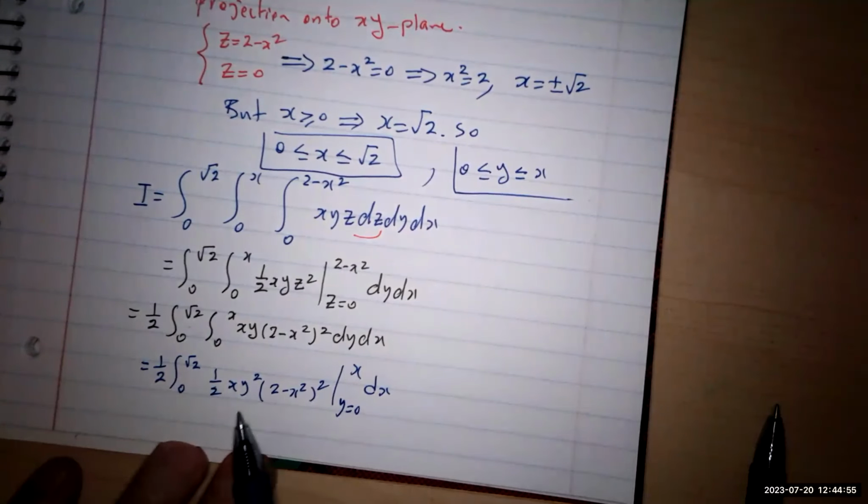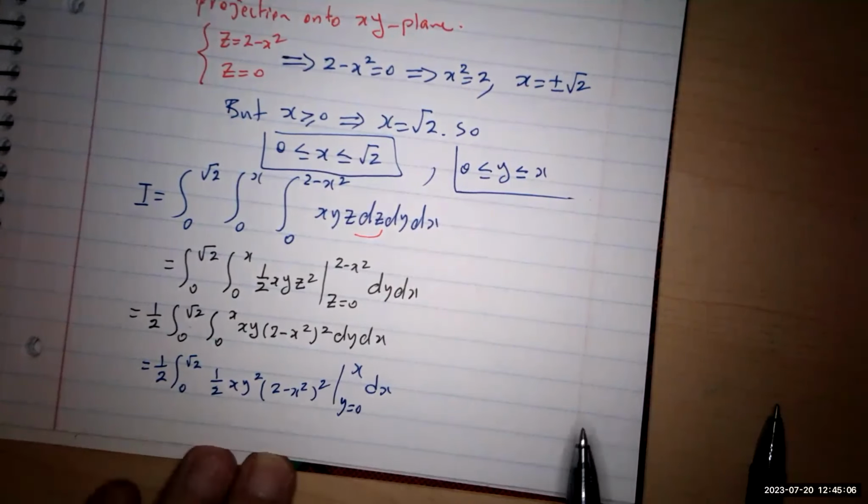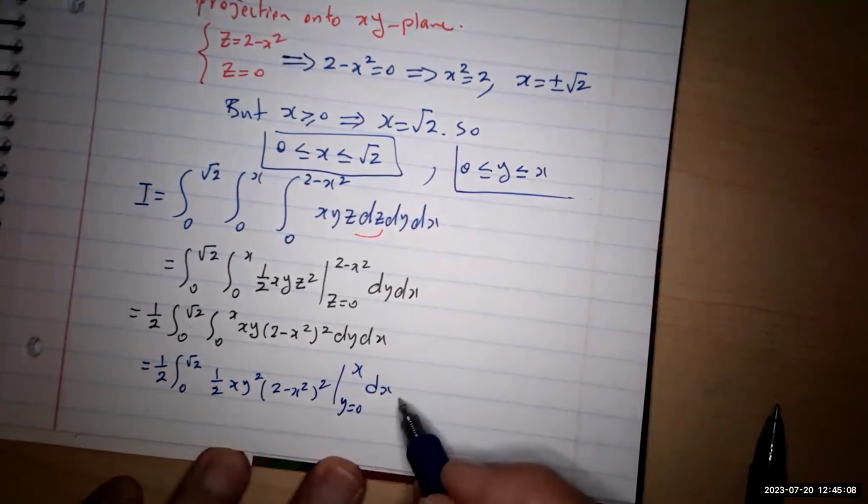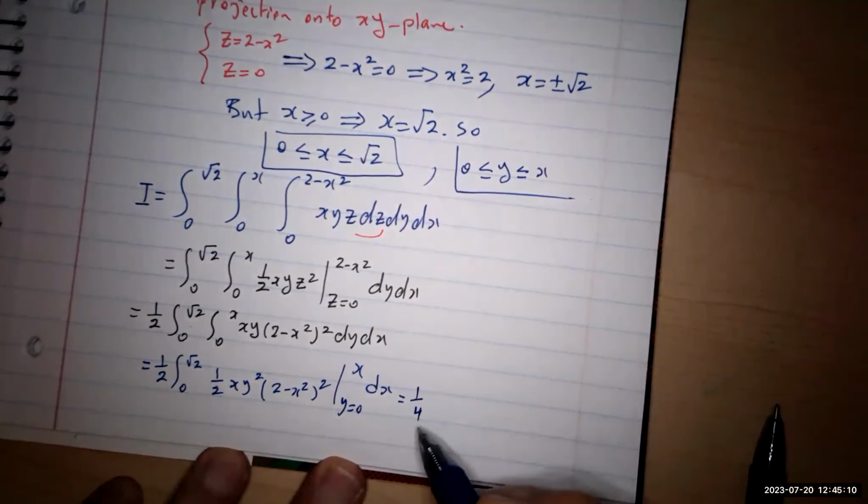Okay, if you put Y equal to 0, you get nothing. If you put Y equal to X, that gives you an X squared here. And the X squared times X would be X cubed. Then you can start working on that, okay? So move out that 1/2 outside, it's going to be 1/4. Okay, it's 0 to radical 2.